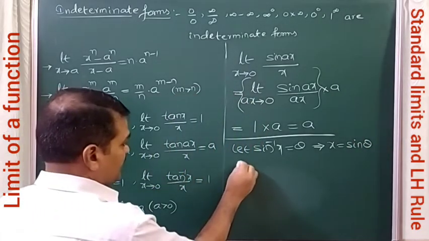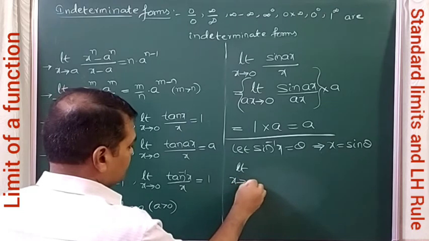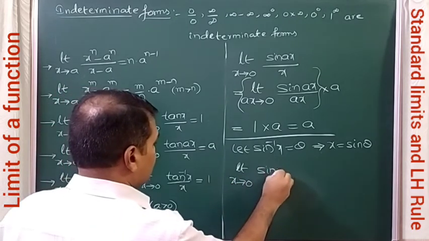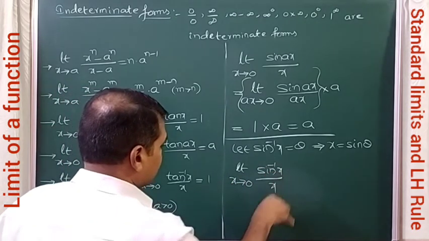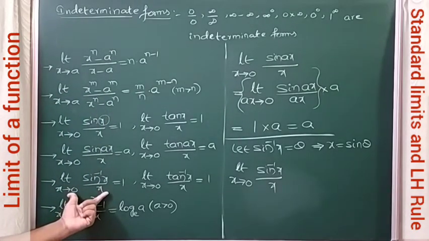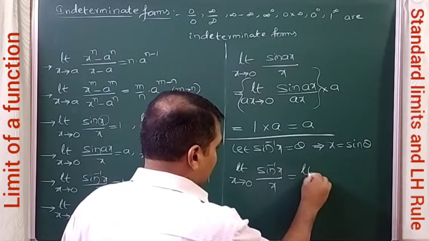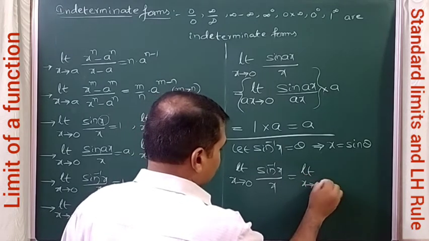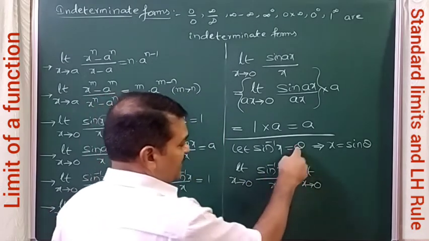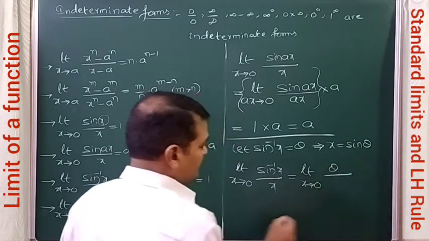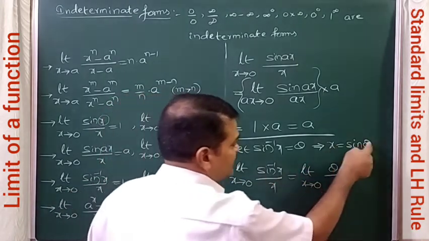Now take the limit, limit x tends to 0, sin inverse x by x. So this is the thing you have to get the value of. So I can write this as limit x tends to 0, sin inverse x we have taken as theta, and x is sin theta.